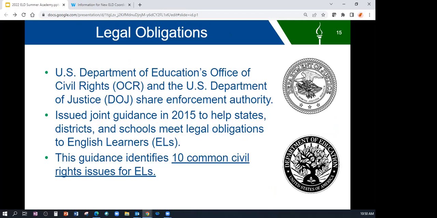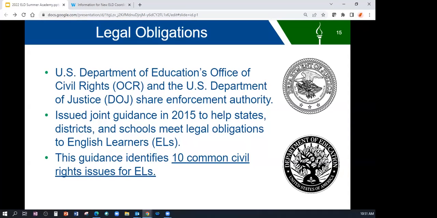The U.S. Department of Education's Office of Civil Rights and the Department of Justice both share enforcement authority on these issues. So a lot of times if they get calls, OCR or DOJ will go out to districts to investigate. Because of all of these legal documents, they issued a joint guidance in 2015 that tells districts what they're expected to do.